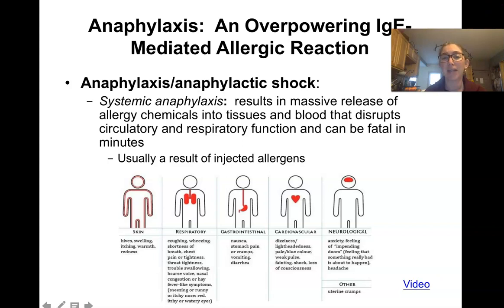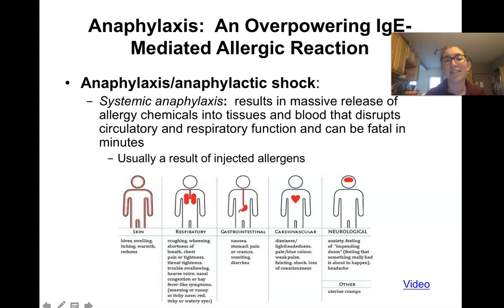So what is anaphylaxis? Anaphylaxis is a systemic reaction where basically, instead of histamine being released like in a small patch on your skin as an eczema, or my friend in college who's allergic to apples, he ate like a piece of fruit leather that was strawberry flavored, but he didn't realize it had apples in it as well, and his tongue got really swollen and his lips got kind of swollen.